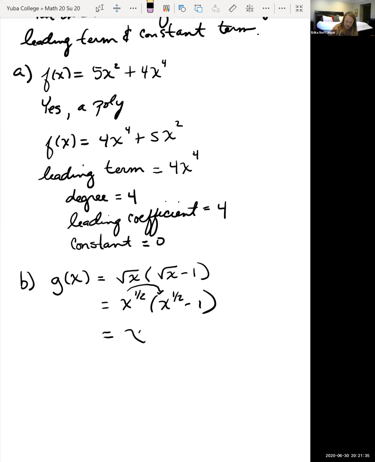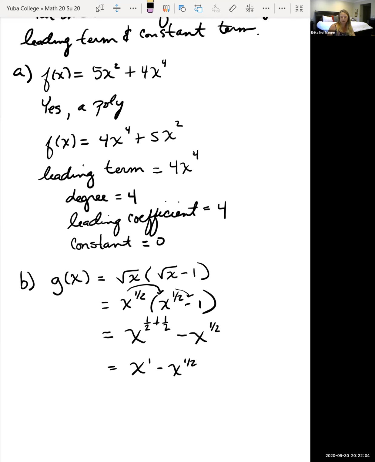Remember we add our exponents, so 1/2 plus 1/2. And I have to also distribute this to my -1, so minus x to the 1/2. If I add 1/2 plus 1/2, I get x to the first power, which you normally won't write. So right there, that holds true that it's an integer and it's positive.